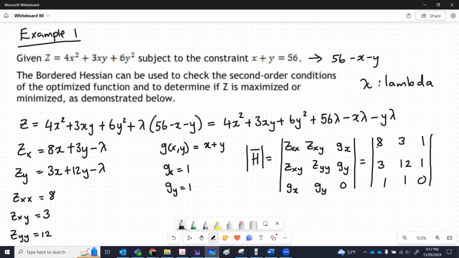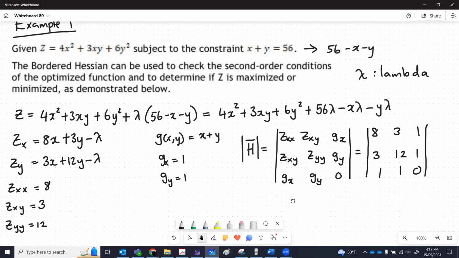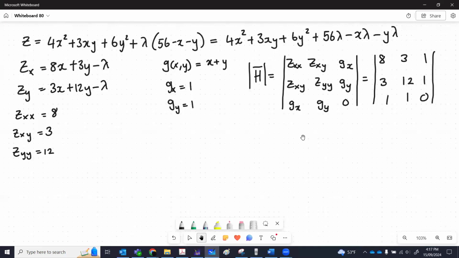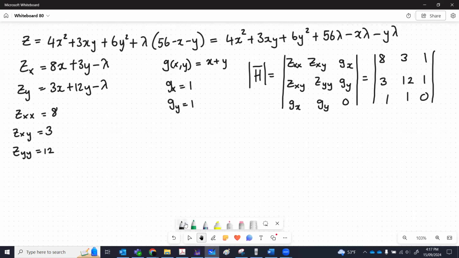So basically what we need to do is work out the determinant of this matrix. This is a 3 by 3 matrix. We know how to work out its determinant. It's simple and straightforward. If we use our cofactor method, you're free to use the method of diagonals, that's fine. So we'd say 8, it's positive because of the plus here. We remove the row, remove the column.